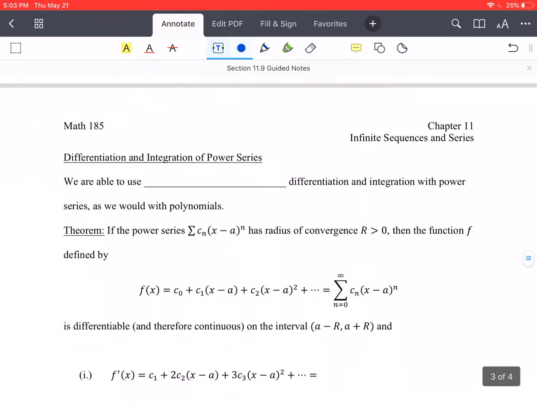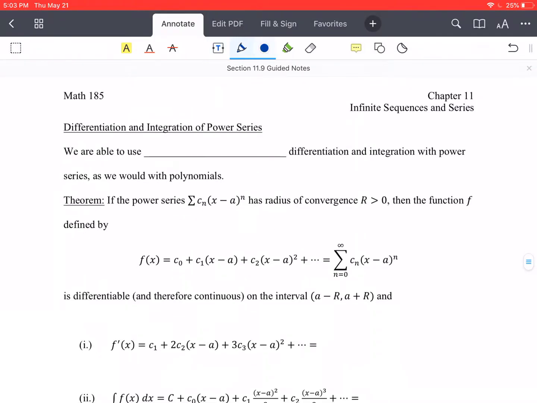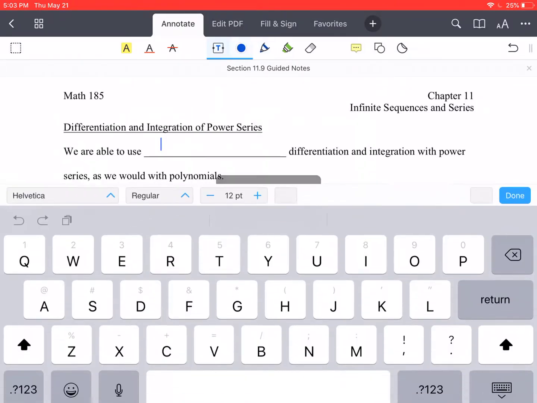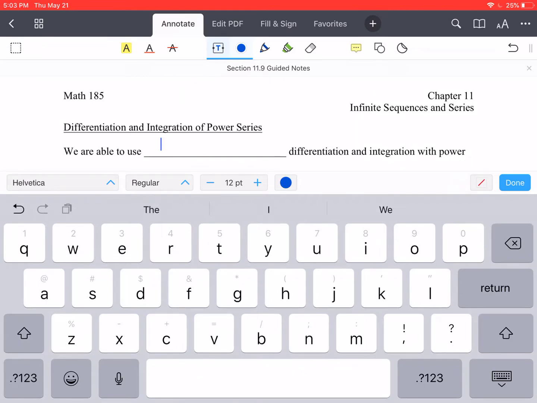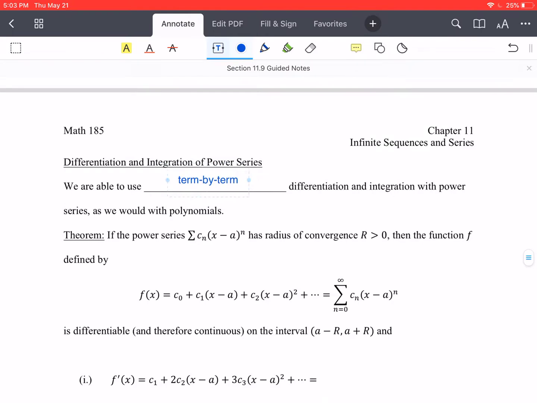We can use differentiation and integration for power series, and we would use what we call term by term differentiation and integration with power series, as we would with polynomials. Power series create basically infinitely long strings of polynomials, and we can do calculus on polynomials fairly easily. This is why we like working with power series.